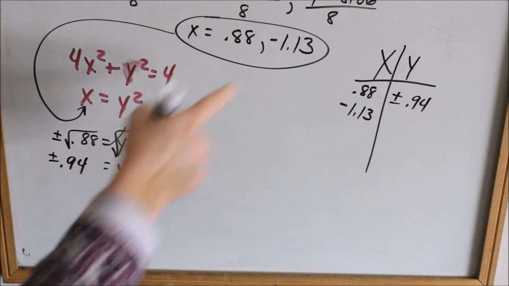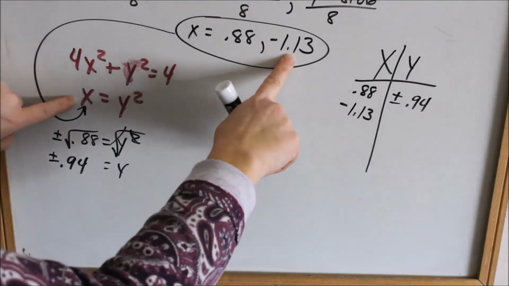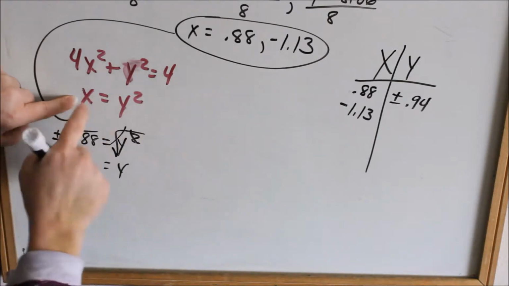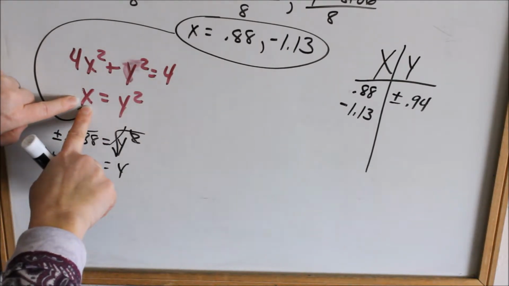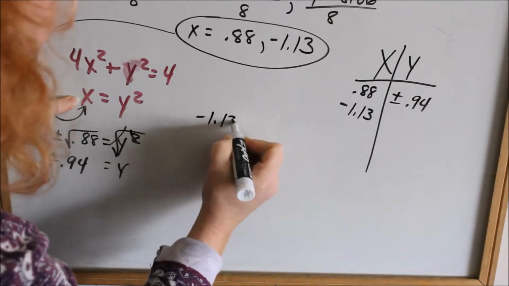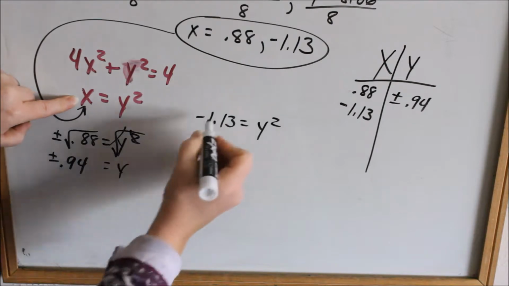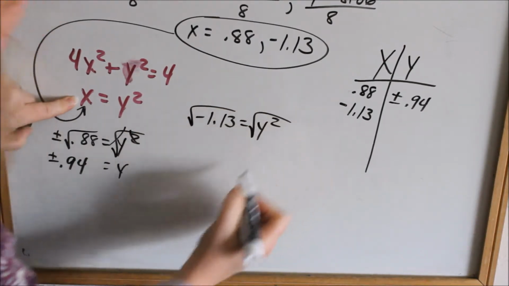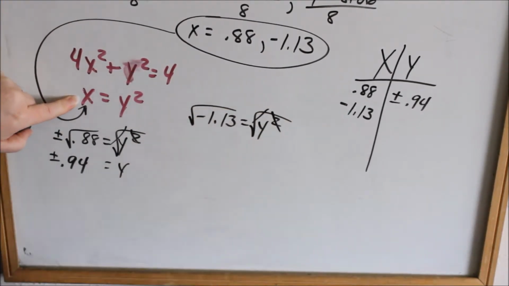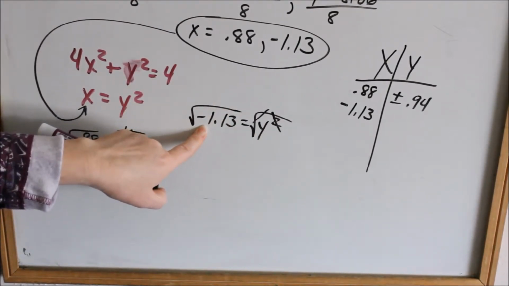Okay, now let's do our x equals negative 1.13. So if I put in negative 1.13 right there, negative 1.13 equals y squared. Solving for y, I have to take the square root of both sides. What happens when you take the square root of a negative number?